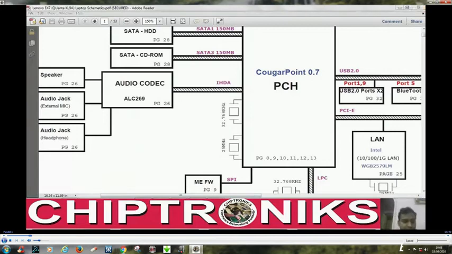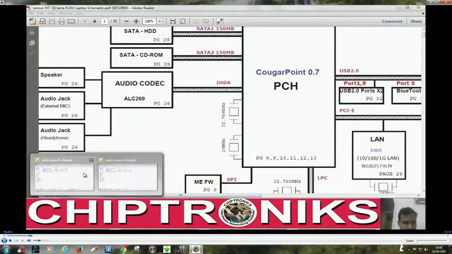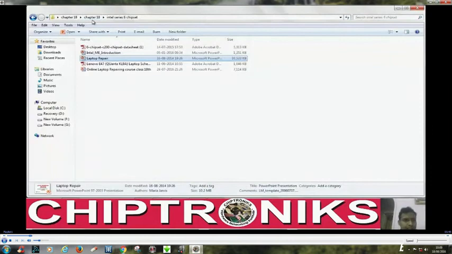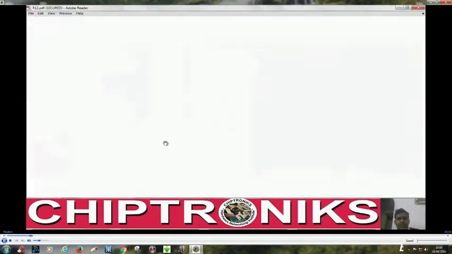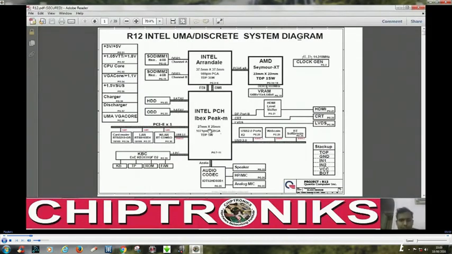We can also see, in our previous schematic diagram, the other kind of schematic diagram. Let's consider this R12, and here we will find there is a clock generator, right? This is an Intel Series 5 chipset board.